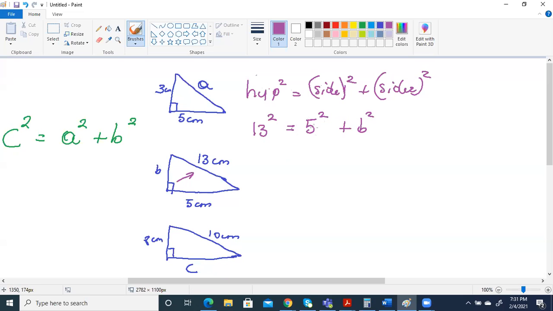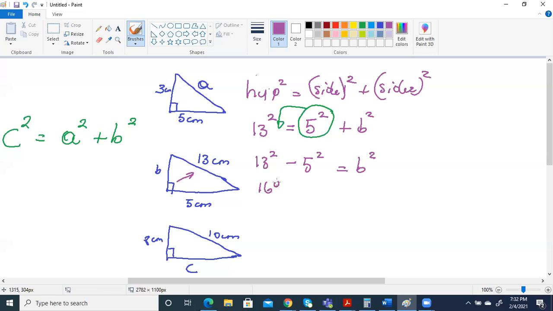So the situation we have here now is that we need to rearrange this formula to have b squared by itself since we're solving for b. So all you need to do is to have this moved over here. So you will end up having 13 squared minus 5 squared equals b squared. 13 squared, if you plug that in your calculator, 13 times 13 is 169.